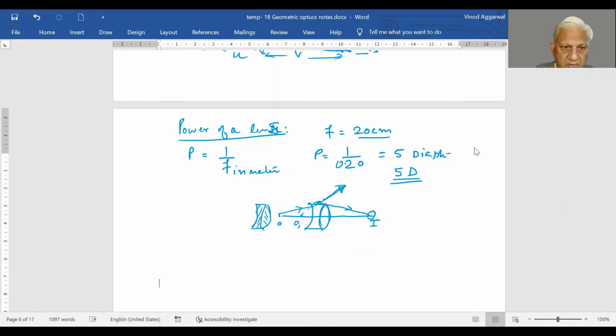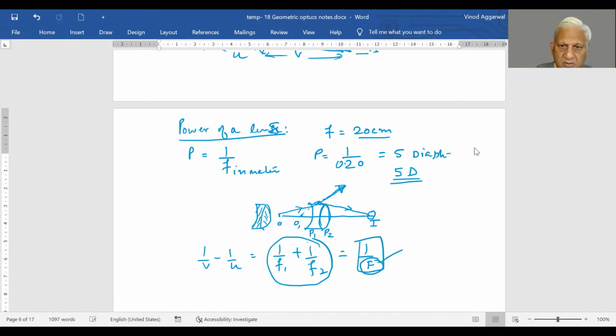So if we say that this lens has a power P1, this lens has a power P2, then 1/F is equal to 1/F1 plus 1/F2, where F is the equivalent focal length of the combined lenses.